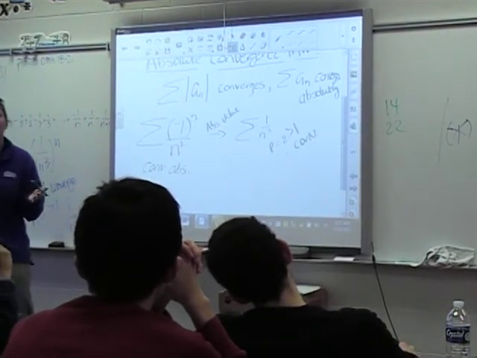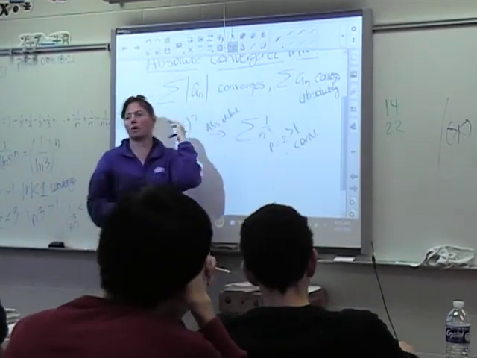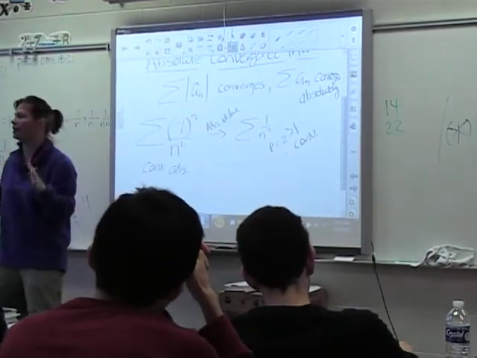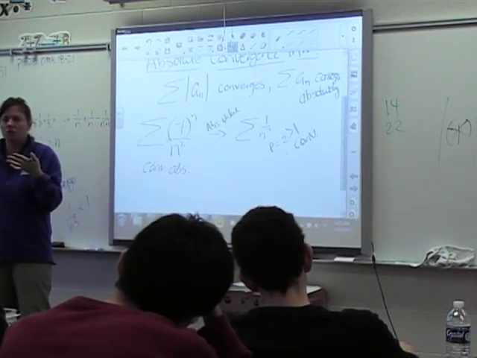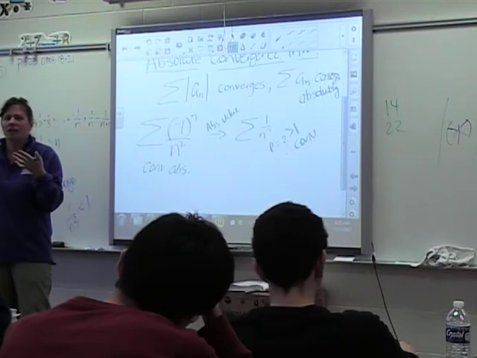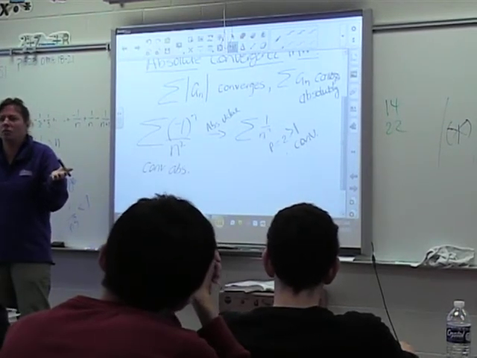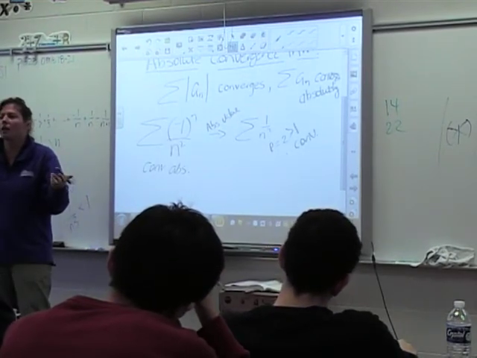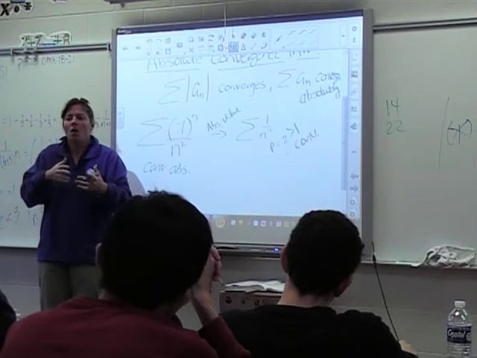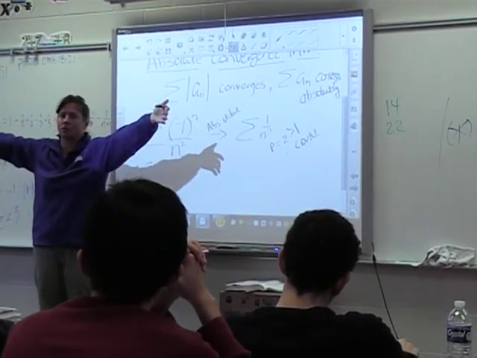Alright? Let me ask you, this series right here, the summation of 1 over n squared, if it was just that, does that converge absolutely? No. Because what is the absolute value of 1 over n squared? 1 over n squared. What I'm trying to say is, all the terms we've dealt with so far have all been positive terms.